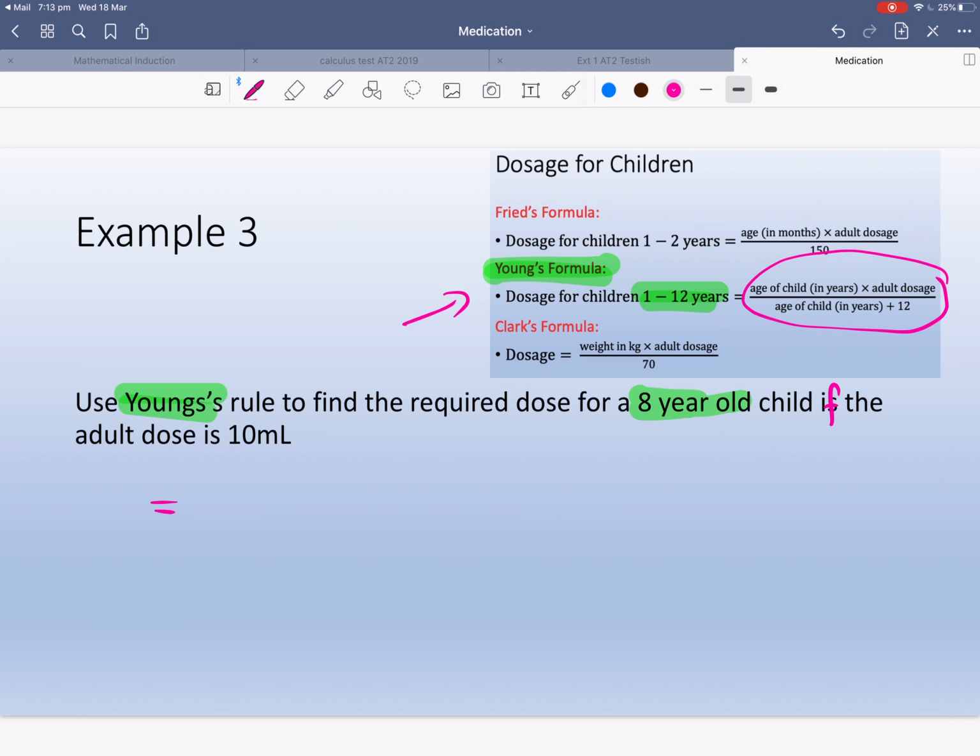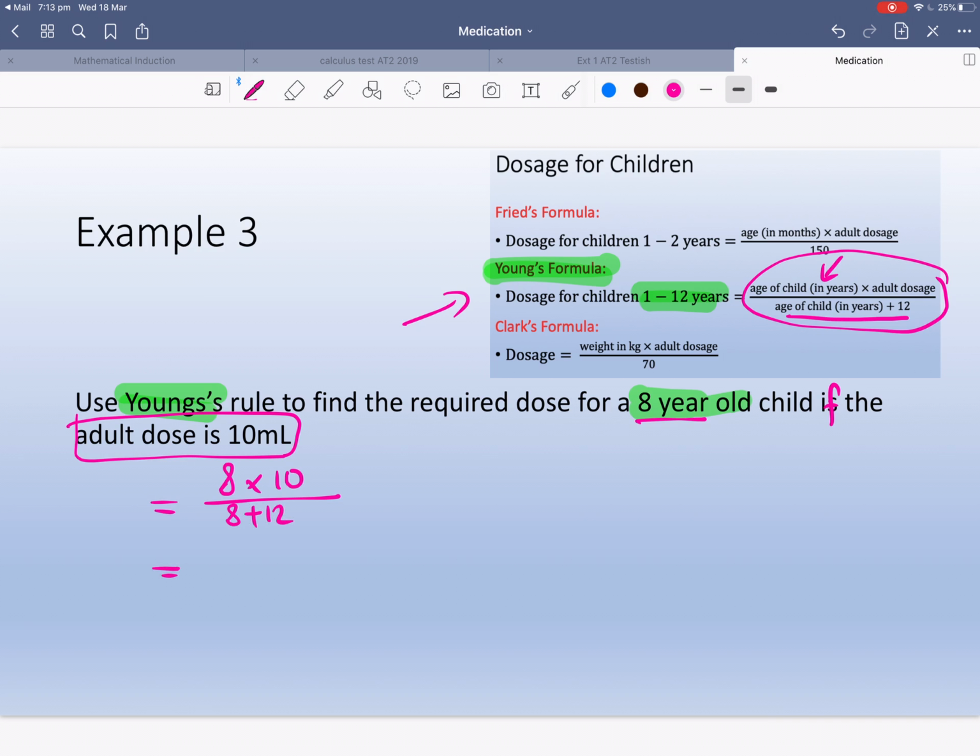So what's the age of the child in years? Here we are, 8. So I'm looking at that first, and I'm going to multiply by the adult dosage. And the adult dosage is 10 mils. So I'm going to go times 10 over the age of the child plus 12. So I'm going to go 8 plus 12.